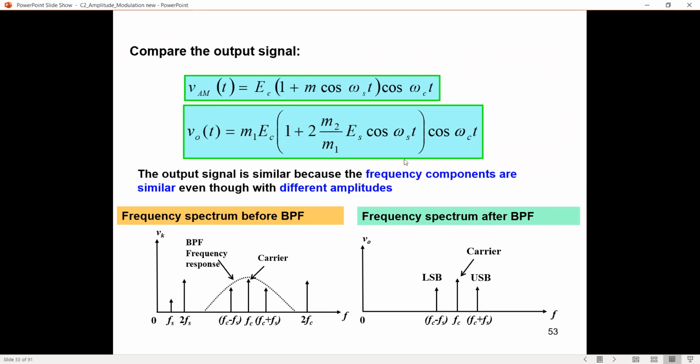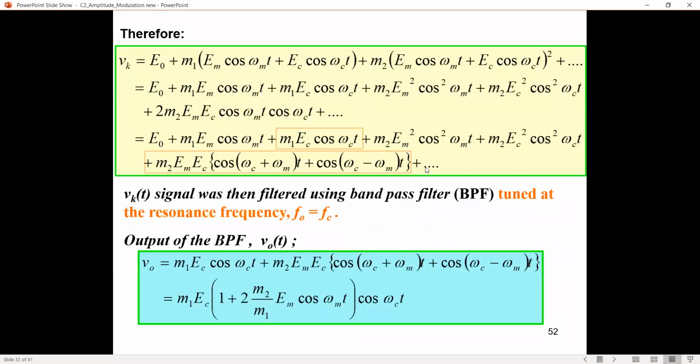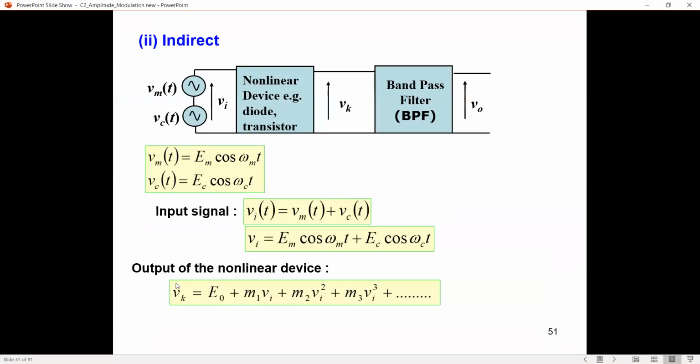This 2M2 over M1 actually comes from this VK, the function of our nonlinear device. It has just DC, and then we have VI with a multiplication factor, a constant for VI. This M2 is the factor for VI square, M3 for VI cube, and so on.